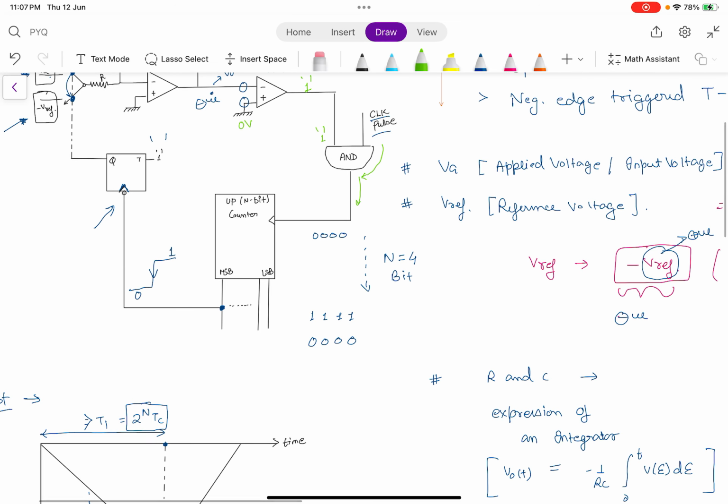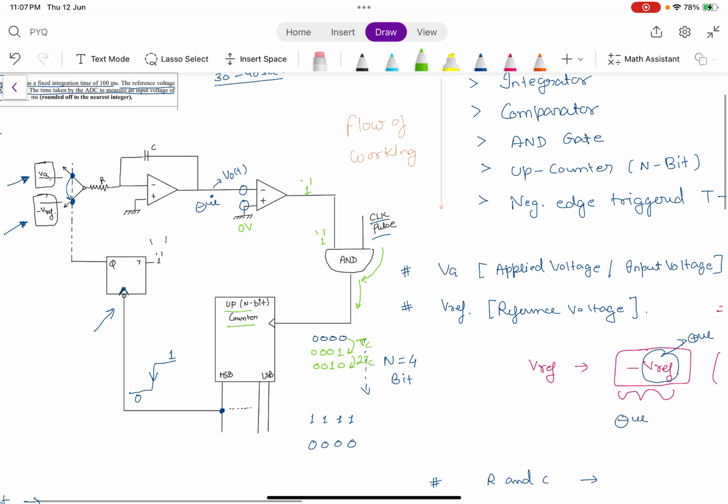If the up counter gets the clock, it counts from 0000 to 0001 and it takes 1 Tc, the clock time period. Again for the next, 2 Tc, because the integrator is going to integrate, and the negative value is going to be higher and higher in magnitude.